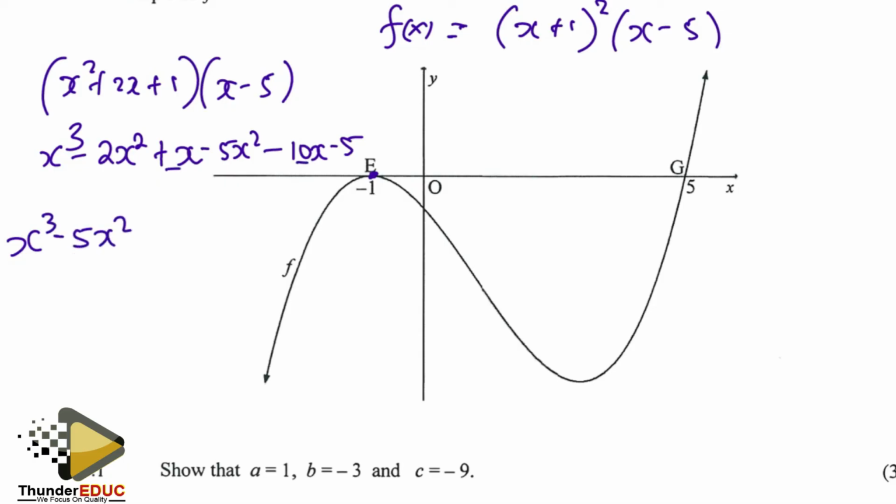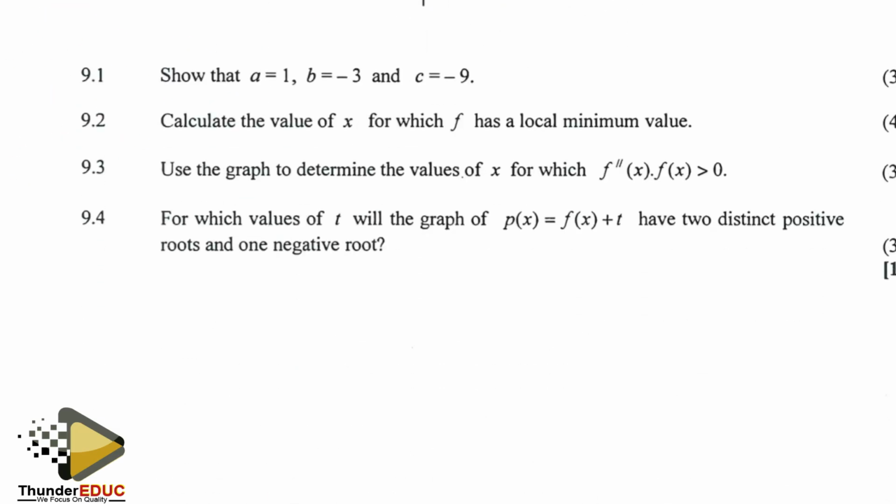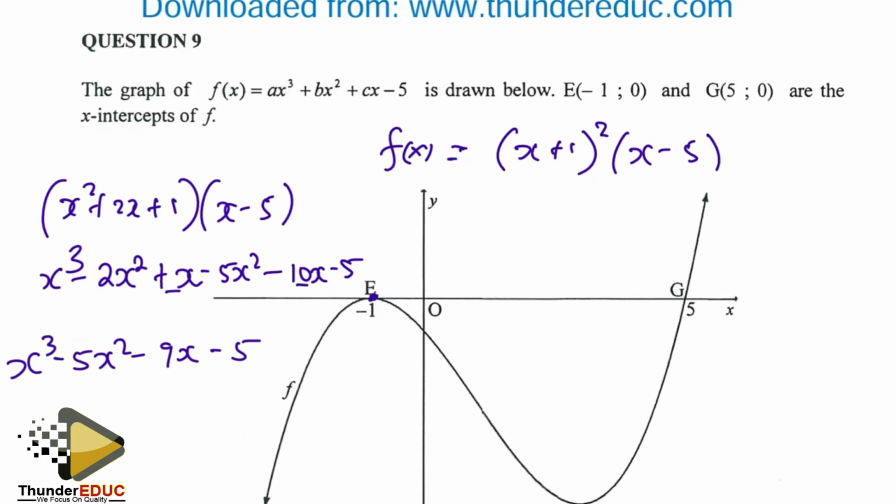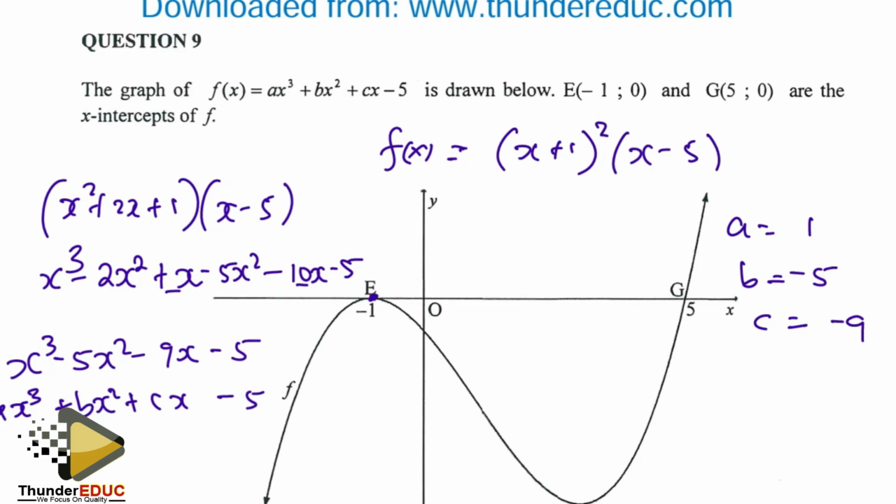This and this is giving me a negative 9x and then minus 5. So this is my new equation. When I compare it with the original that was given, which was ax cubed plus bx squared plus cx minus 5, we can see that a is a 1, b is a negative 5, and then c is a negative 9. The d automatically came out. So why are they having a 3? So what did we do wrong?